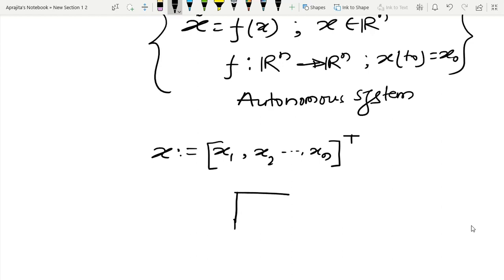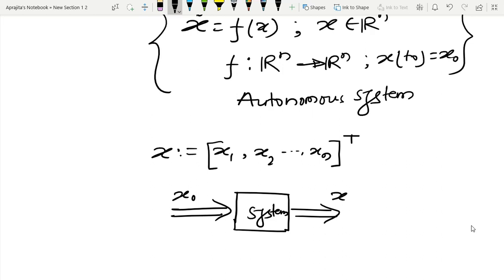Whenever I have any system and we give some input and expect some output, here suppose I provide the initial condition and want to monitor the trajectory, then both x0 and x(t) represent a column vector with n components.